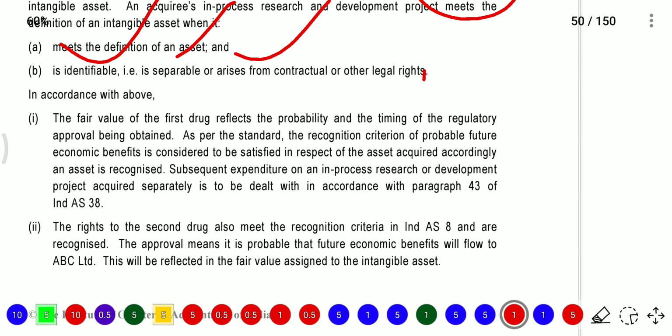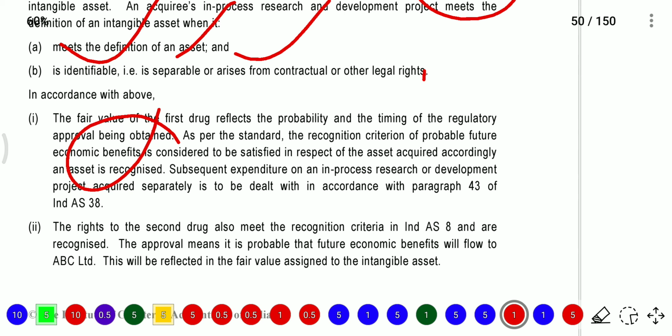So the first drug has come and the regulatory approval, they are ready to approve as per the standard recognition criteria, that is, probable future economic benefit is satisfied in drug 1. The asset is acquired accordingly, and the asset needs to be recognized, whereas subsequent expenditure on in-process R&D we need to charge to profit and loss.